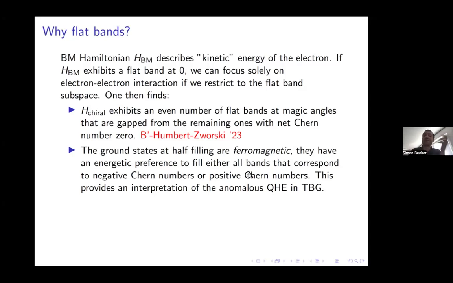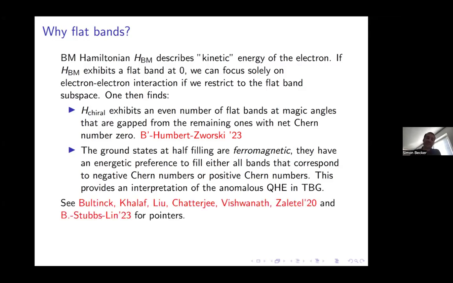And this way you can interpret that maybe the anomalous quantum Hall effect appears because it is energetically favored, at least if you choose the right model to model this effect, which of course has many assumptions. But this way you end up with these non-zero Chern numbers.